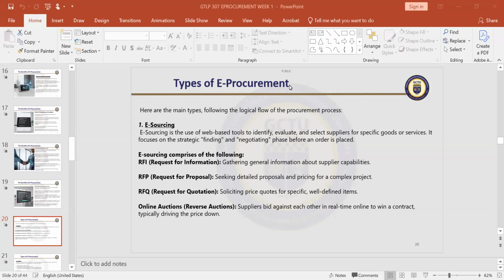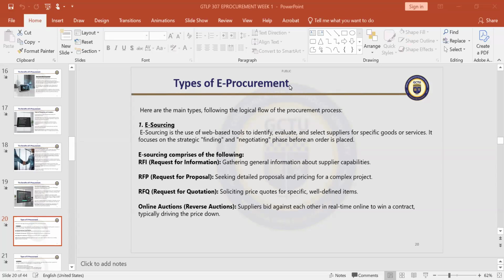You can have information about the company online, or you request the company to give you their company profile. That means gathering general information about the supplier's capabilities, their financial status, the quality of their products, how long they have been in business, and so on and so forth.